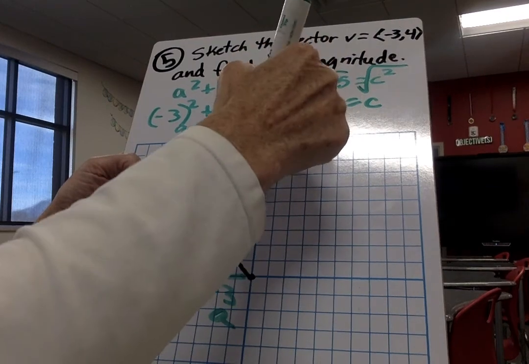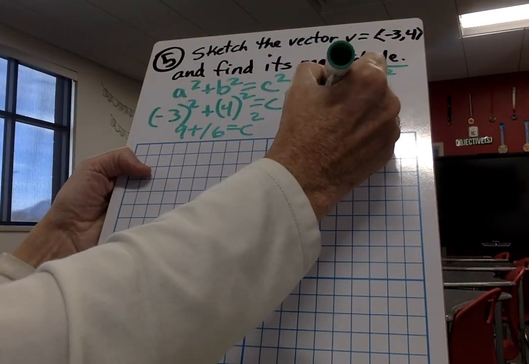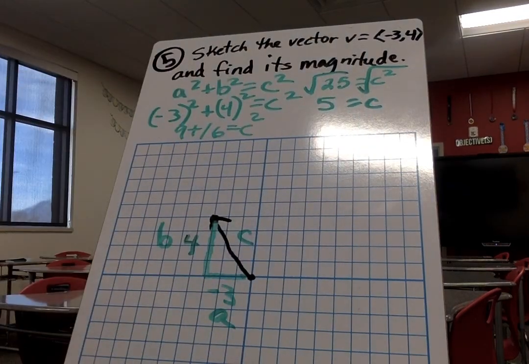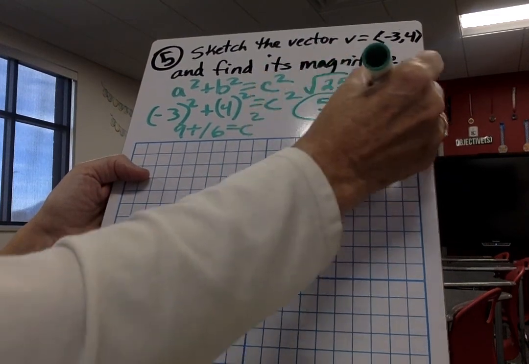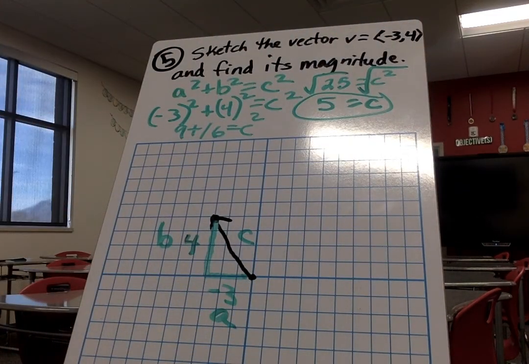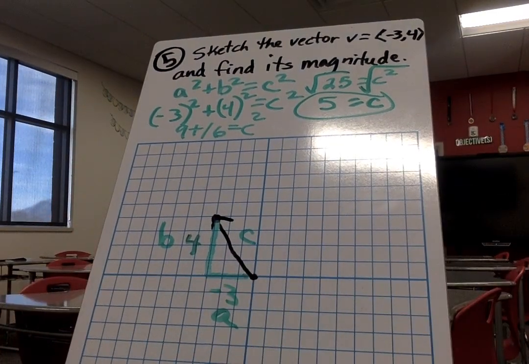C equals, and we could put plus or minus 5 here, but since it's considered a length, we're going to put just 5. That would be the magnitude, which is kind of like the length. So c is 5, and that's how you do that type of problem.